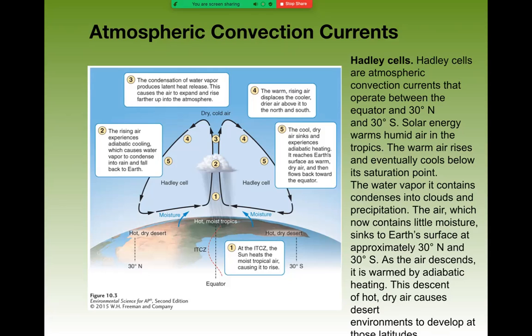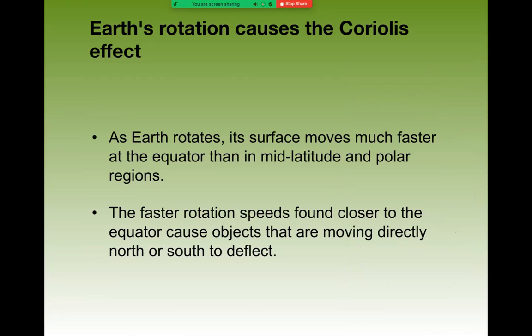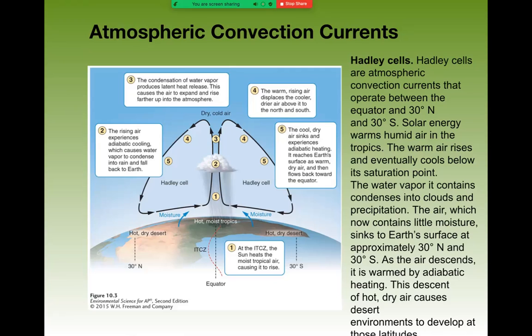And so what we're going to do now is apply this pattern of convection current, where you have heating of the earth and heating of the air above the earth. That air rises, condenses, and in some cases forms a cloud and rain. As it continues to rise, eventually it hits the stratosphere. That air then starts to move horizontally along the bottom of the stratosphere, the top of the troposphere, and it cools.